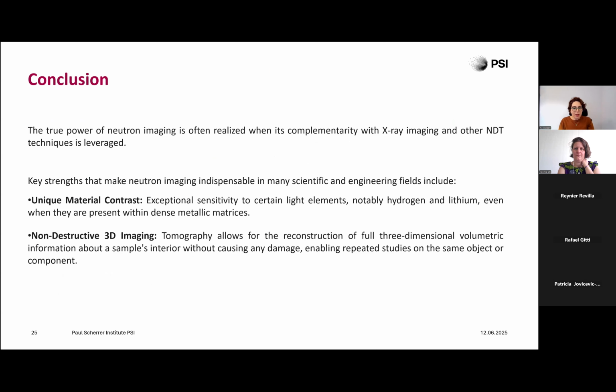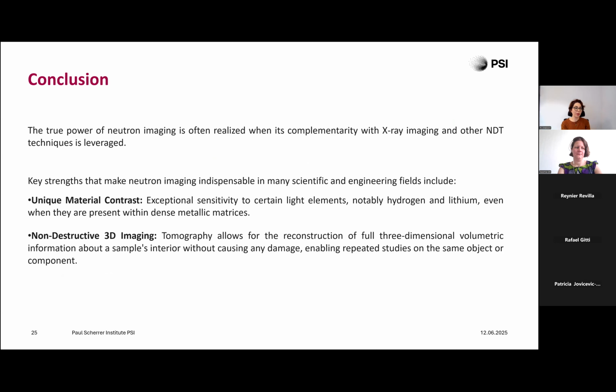In conclusion, how I would summarize this is that the true power of neutron imaging is usually realized when we can see what X-rays cannot do, but neutrons can. It's a very powerful method in principle.